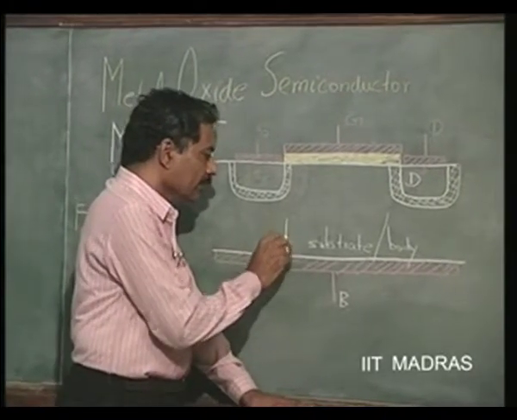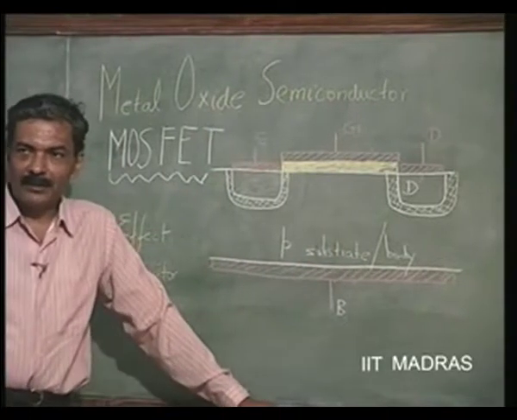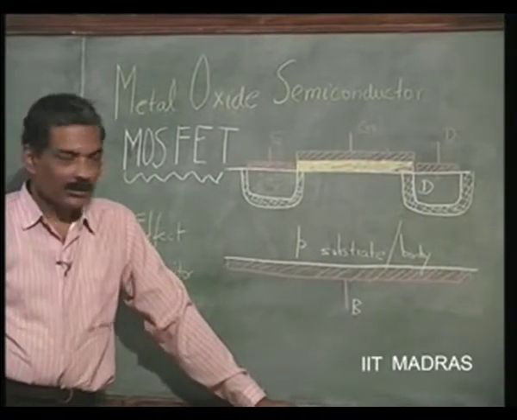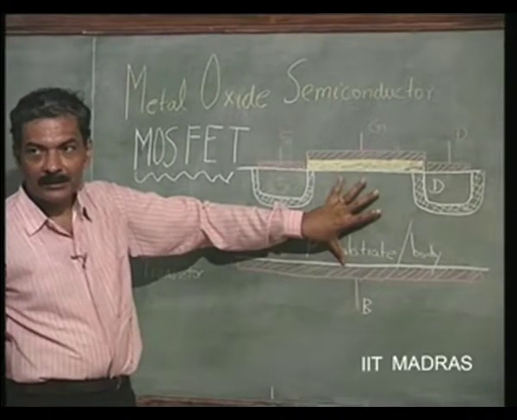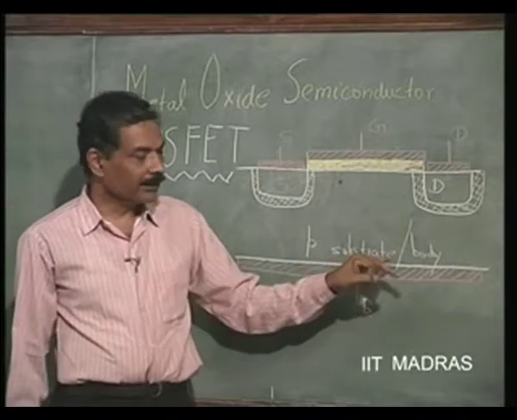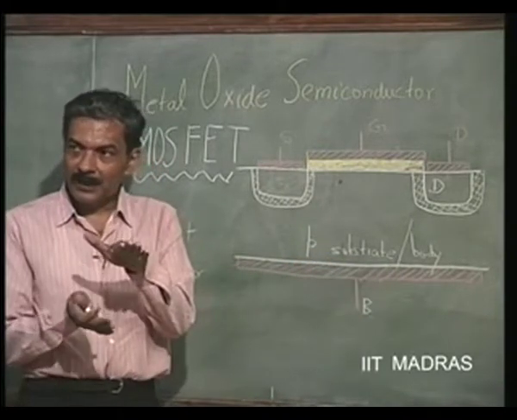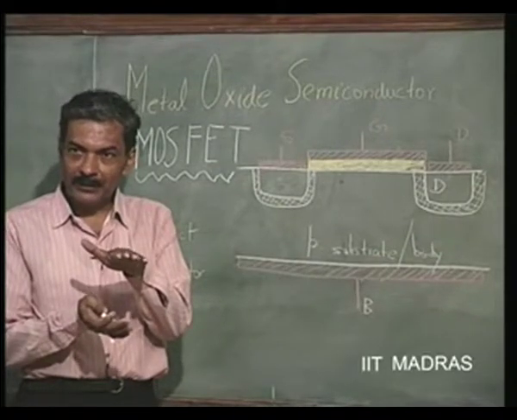let us say, we will take this parent semiconductor material, which is a wafer. This is the thickness of the wafer. It is called a P type substrate; that entire wafer is doped with P type impurities.